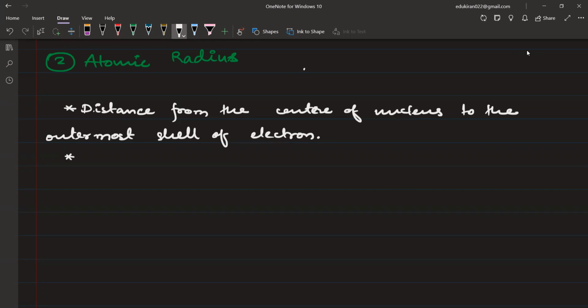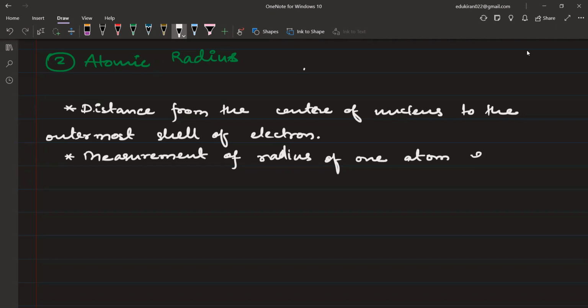Now next one. See, we can't measure the radius of one atom. So please write: measurement of the radius of one atom is nearly impossible.